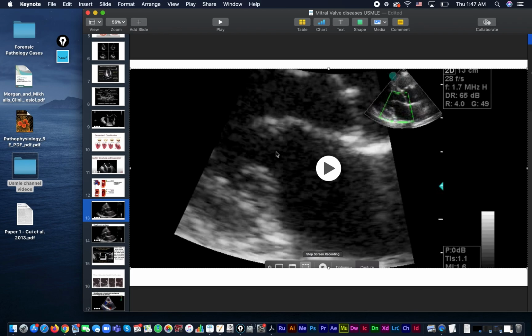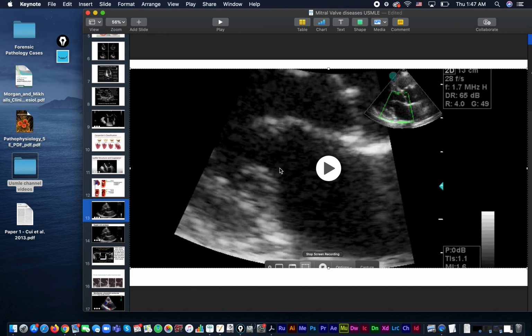This has to be a regurg, because a prolapse does not have a lot of regurg.